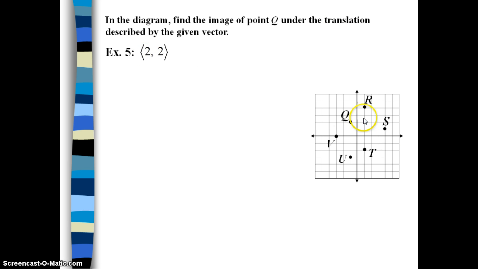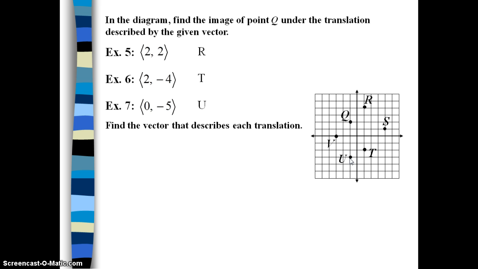So if I have to start at point Q and my directions are to go 2 to the right and 2 up, I'd be at point R. Next, I'm starting at point Q, and I have to go 2 to the right and 4 down. So I'm going to start at point Q, 2 to the right, 4 down, I'm at point T. Now I'm starting at point Q, I'm not moving to the left or right any, and I'm just going to go down 5. That's going to lead me to point U.